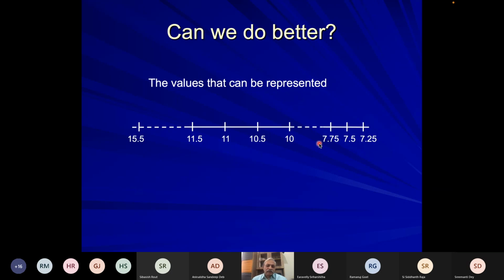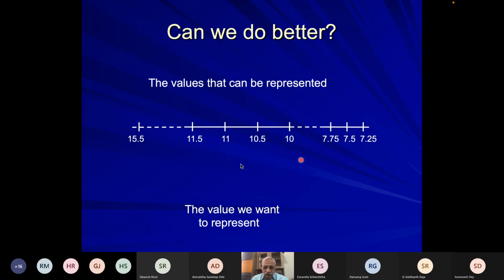I'm sorry, this is when the exponent value is -1, the least count is 0.5, and here the least count is a quarter. If you go further down, it will be 1/8 and so on.